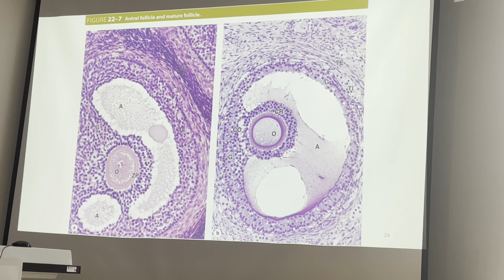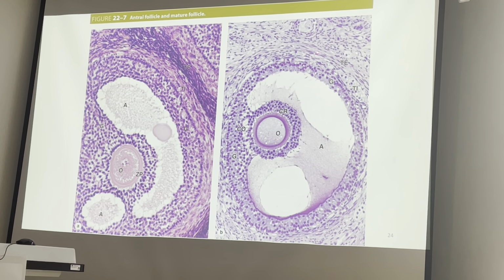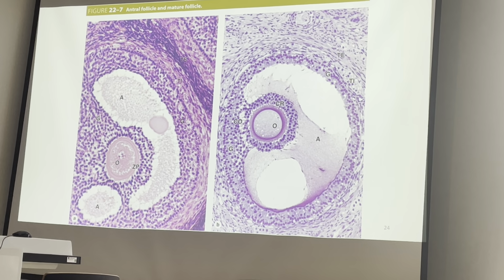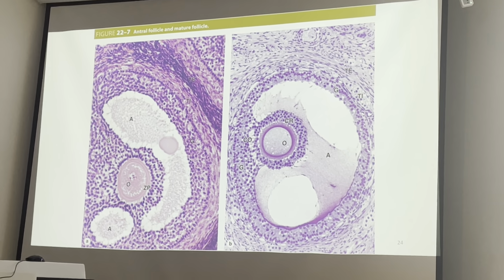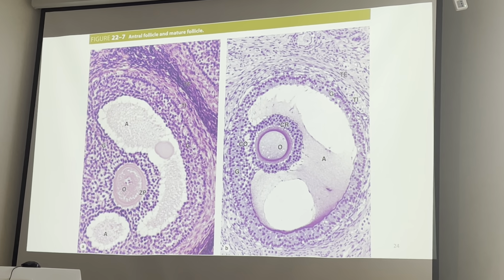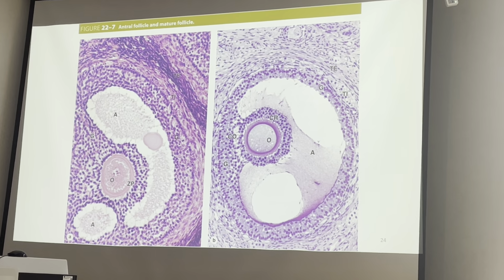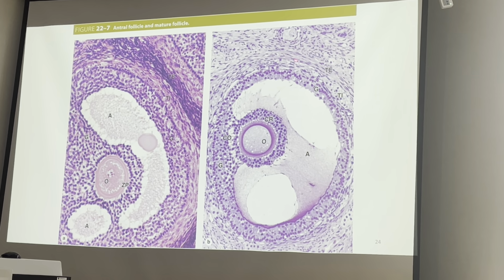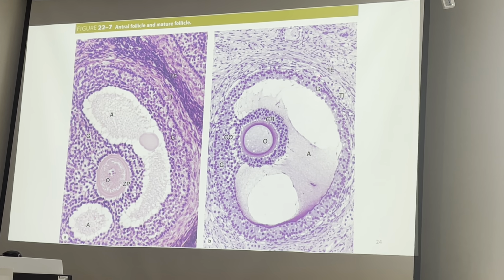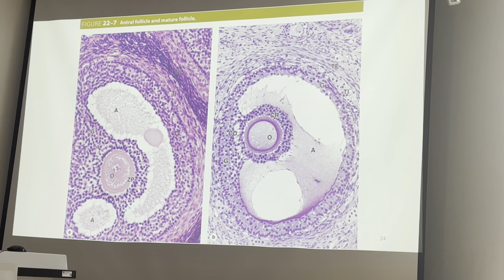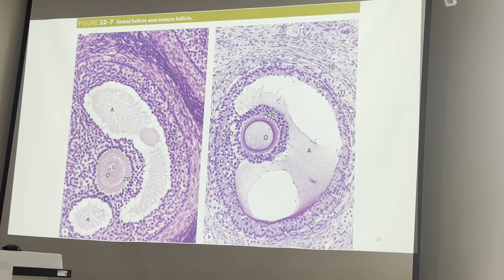What is the name of this part? Theca interna and theca externa. In theca externa we have which type of cells? Muscle cells. Generally, smooth muscle cells and fibers are present in this part. Which cells are generally present in theca interna? How can we understand this part is theca interna?